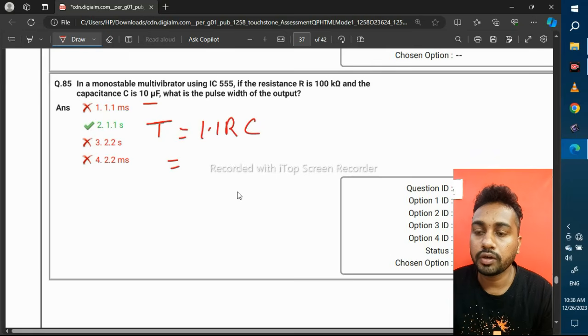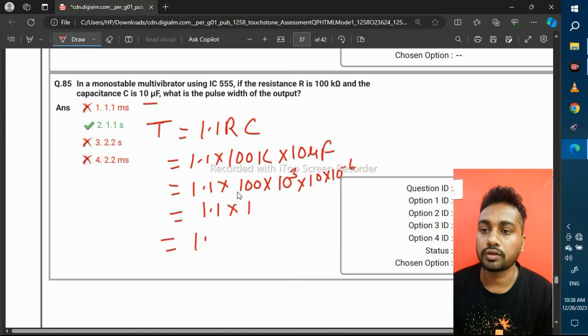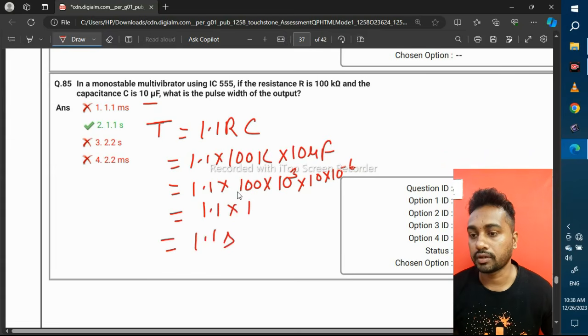R is 100 kilo and C is 10 microfarad. If you calculate this, it will be 1.1 into 100 into 10 to the power 3 into 10 into 10 to the power minus 6. So it will be 1.1 into 1 second, equal to 1.1 second. So option 2 is the right answer here.